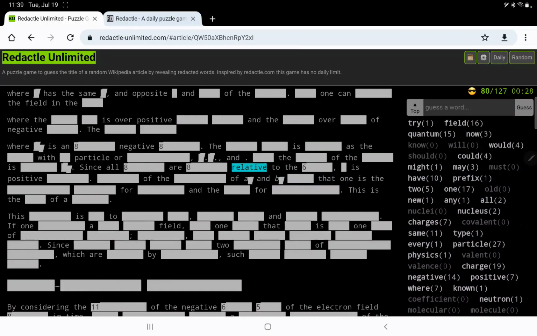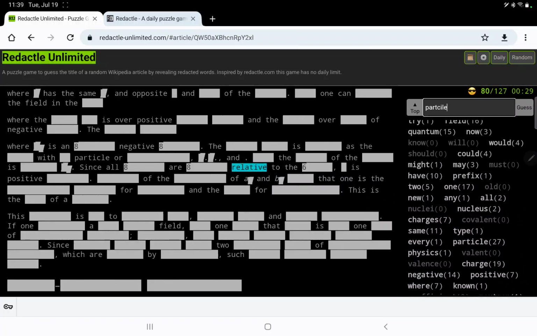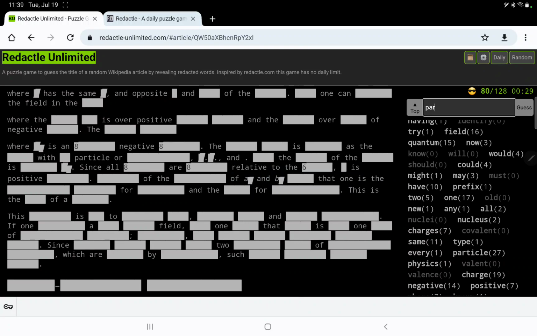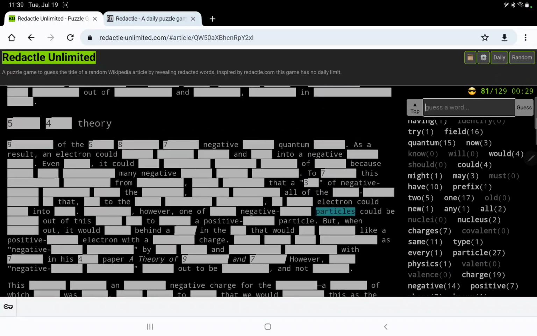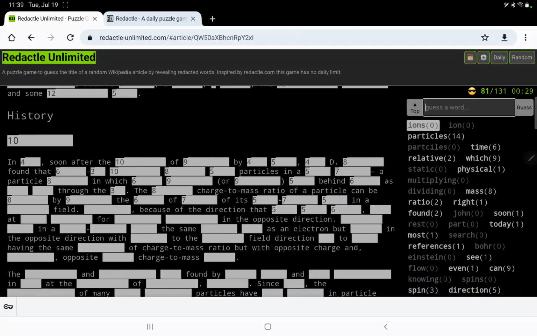let me just check, did particle, let me try spelling it again. Okay, 14, okay. How about ion or ions?